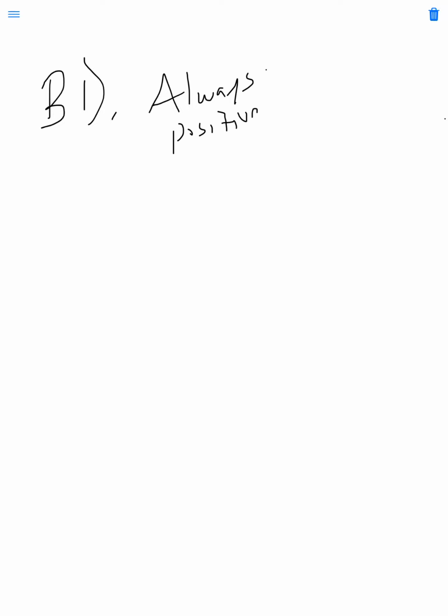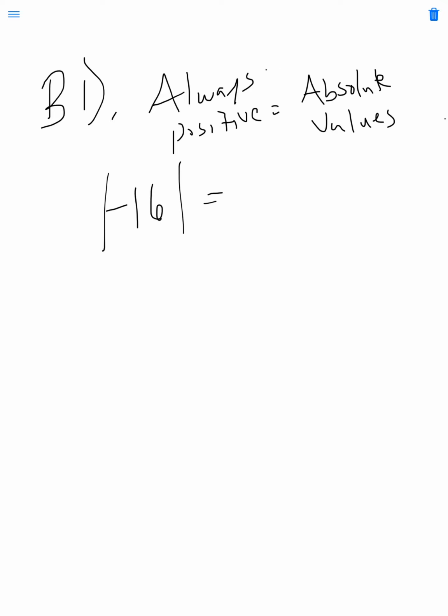Now, for B1, we're talking about absolute values. So absolute values are always positive. And remember, absolute values. So for instance, on B1, you have the absolute value of -16.